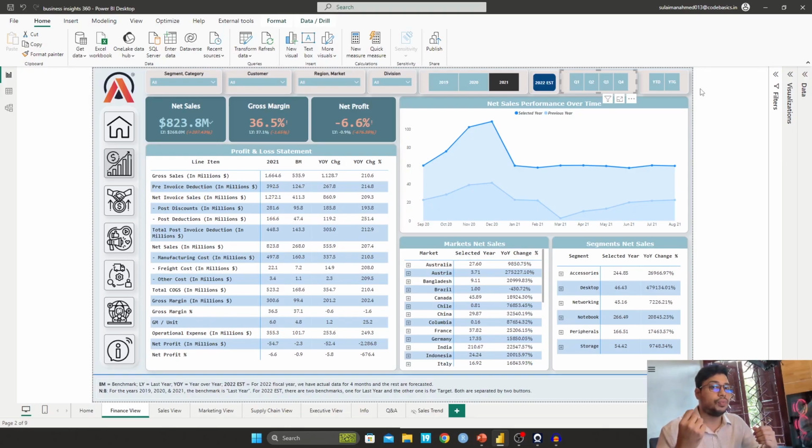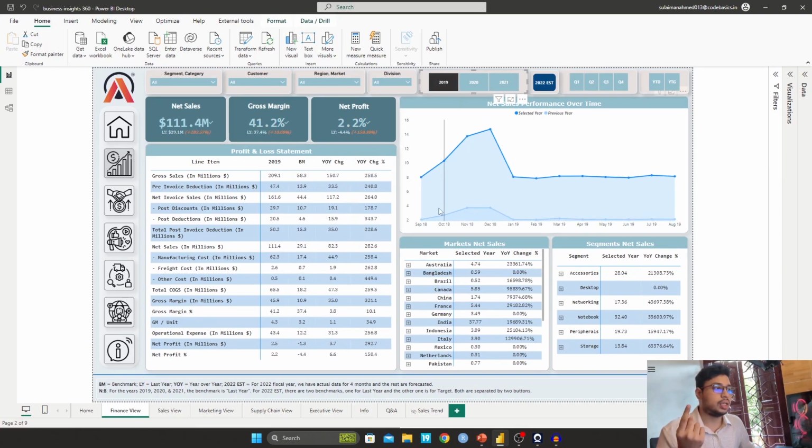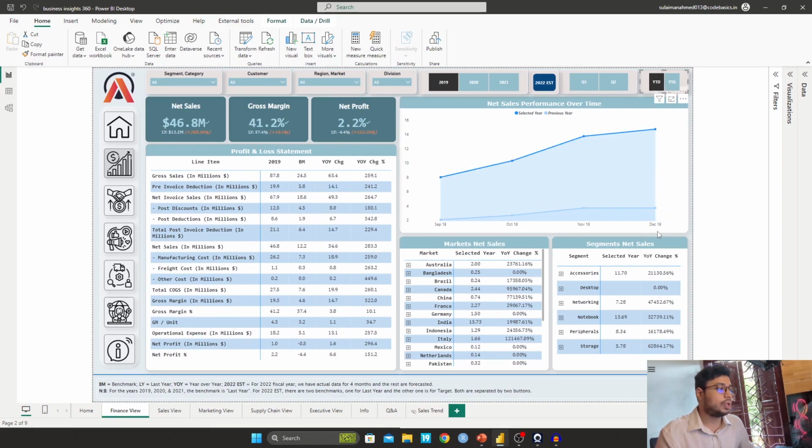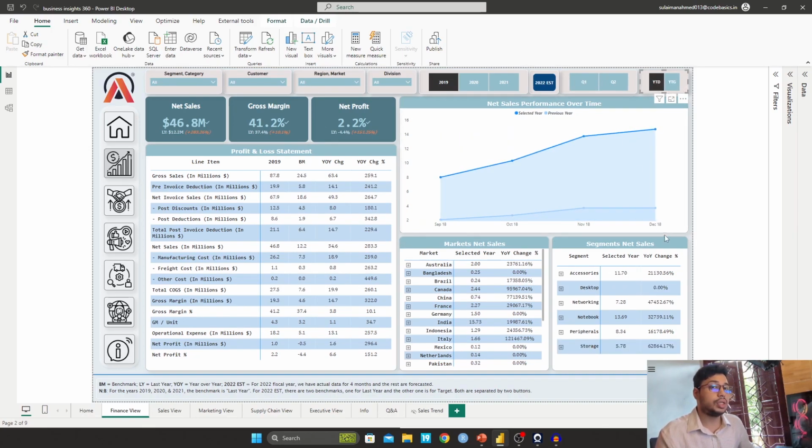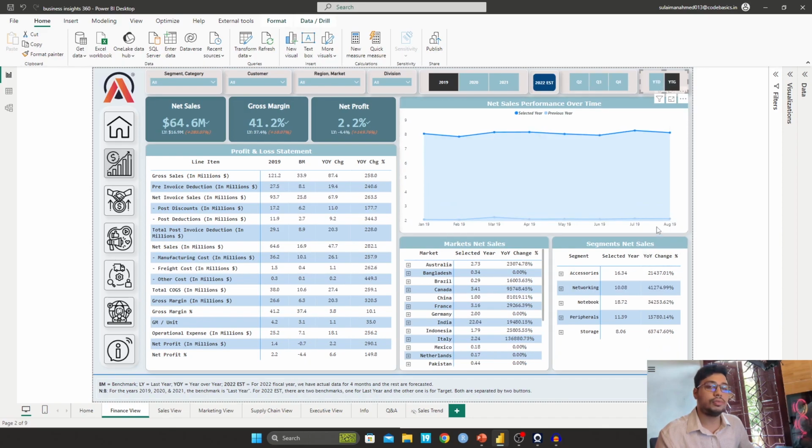For the 2019 fiscal year, it starts in September 2018 and ends in August 2019. So the year to date will be the end of the initial year, and the year to go will be the end of the fiscal year, starting from the next year.